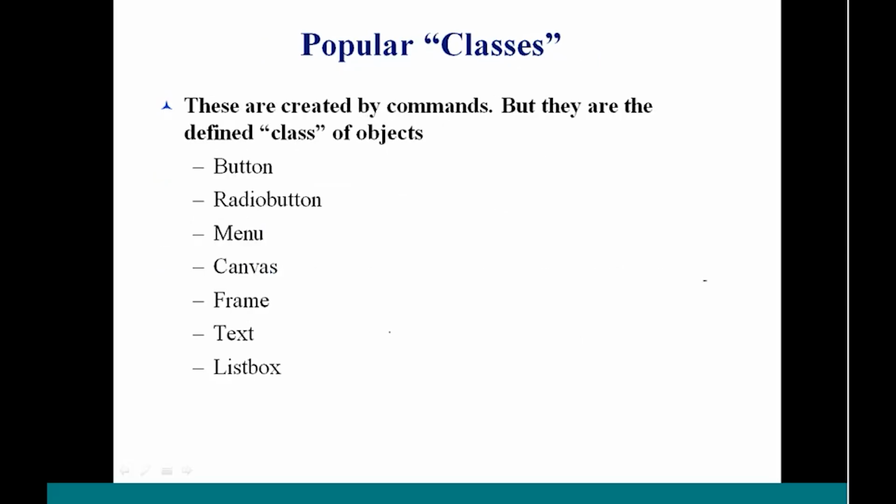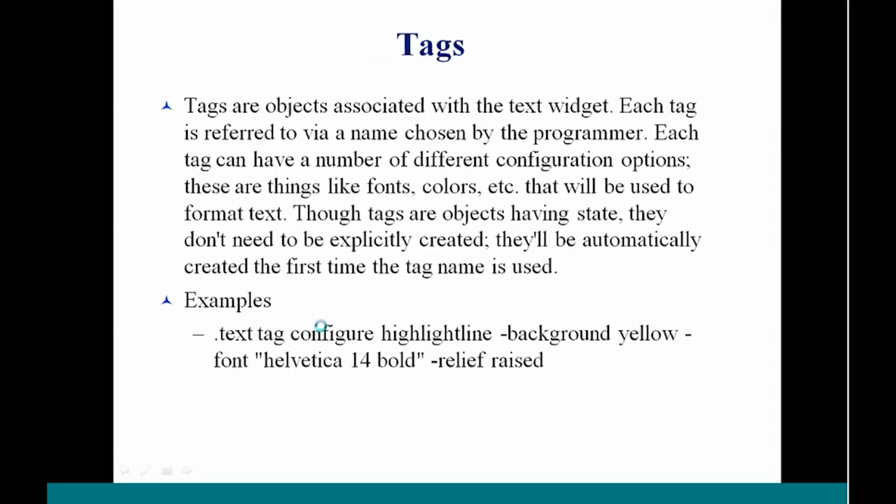Again, some of the popular classes of commands, also the objects essentially in the windows: button, radio button, menu, canvas, frame, text, list box. Now I also talked about tags essentially. The tags are objects associated with the text widget, and each tag is referred to via a name chosen by the programmer. Each tag can have a number of different configuration options.